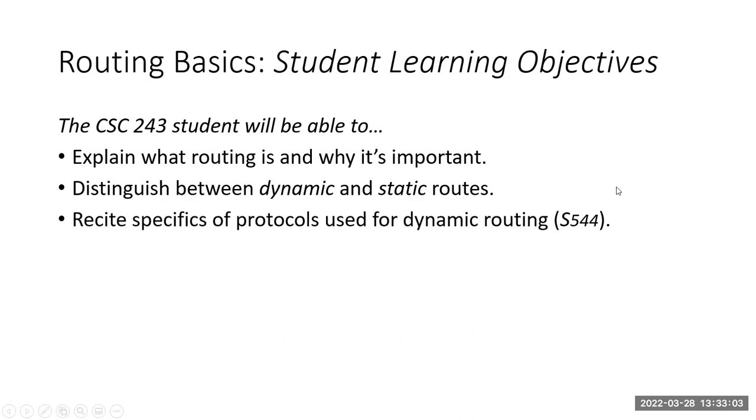We want you to recite specifics of the protocols used for dynamic routing. So let's back up a little bit. What I showed you last week in Packet Tracer, where I build my own internal network and create routes in that network and define explicitly how I want the information to flow, that is a static route.